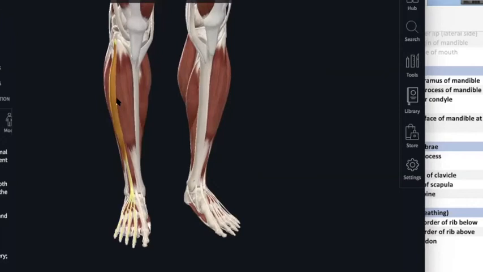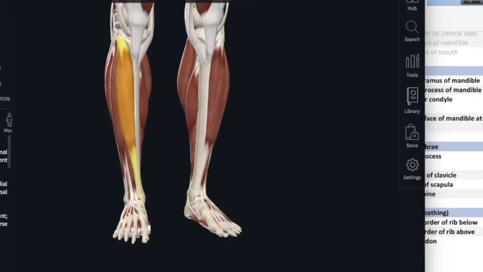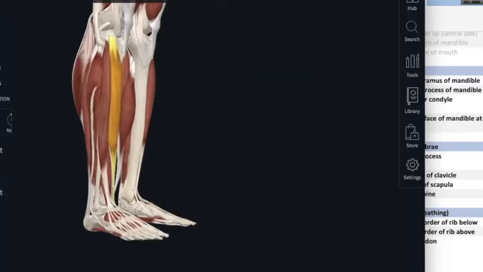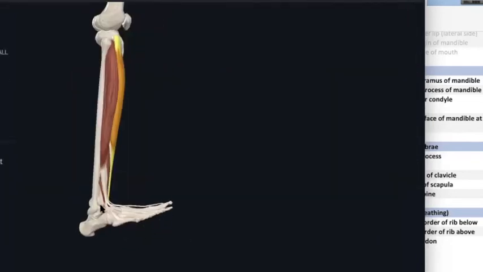So on the front of your leg, the other major muscle going right down your tibia, on the anterior surface of your leg, is your tibialis anterior muscle, right? So this will also be one of those dorsiflexion movements, bringing your toes upwards right there.